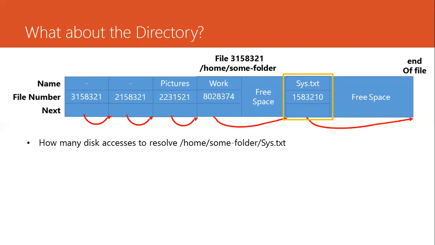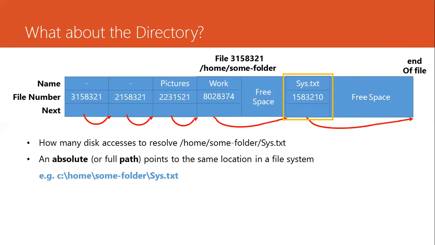Then there are two kinds of accesses. One is when you have to specify the whole path, the absolute path: /home/some folder/sys.txt. But it is not convenient to work with an absolute path, right?